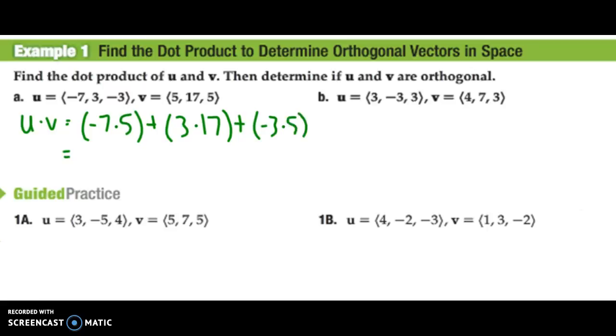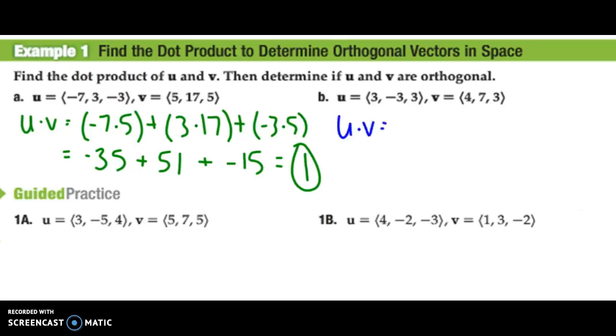Negative 7 times 5 is negative 35. 3 times 17 is going to be 51. And then negative 3 times 5 is negative 15. So I add up all of those together, and I end up getting 1. Are they orthogonal? They are not. The dot product is 1. Let's look at the next one.